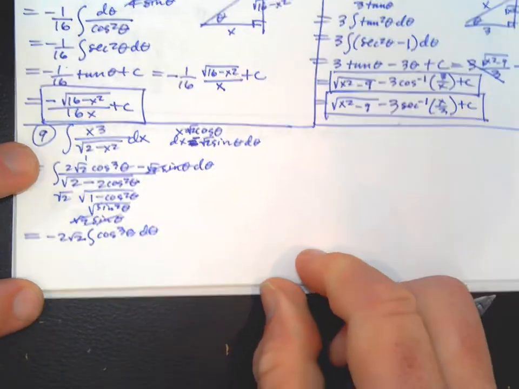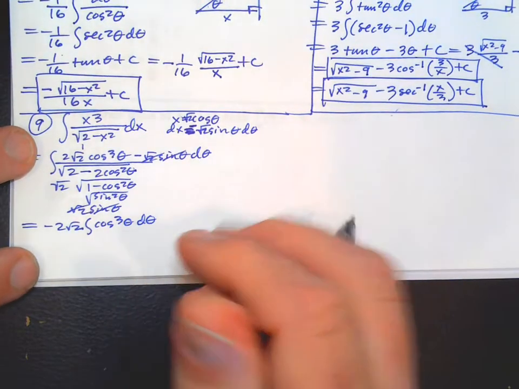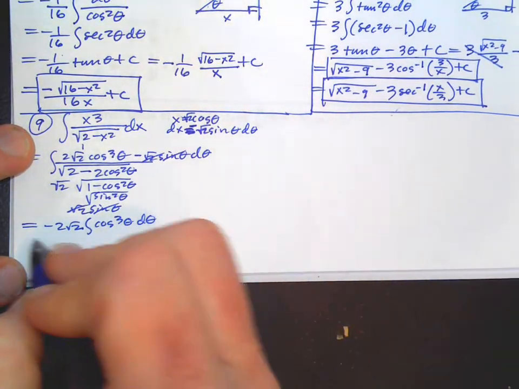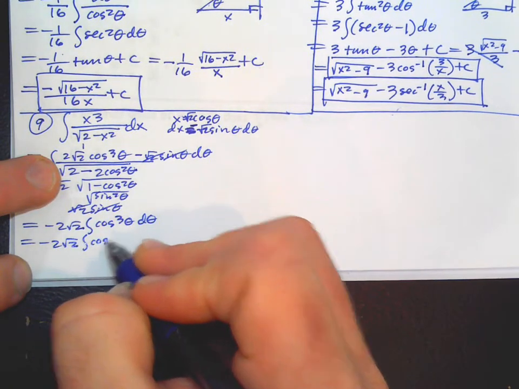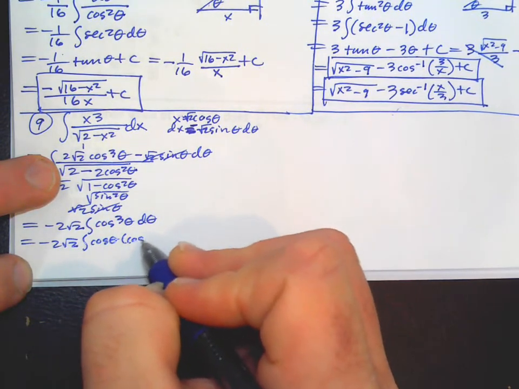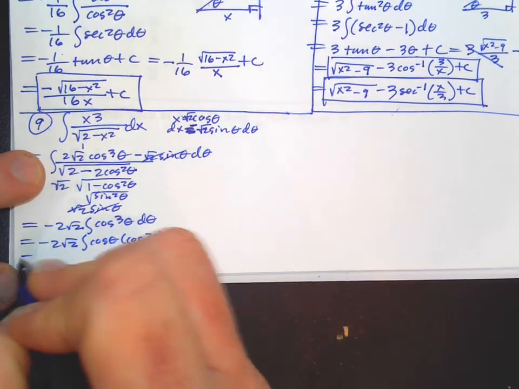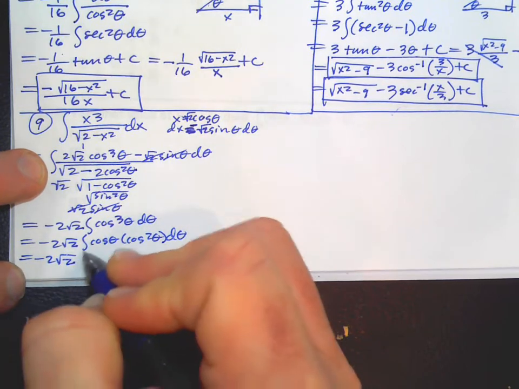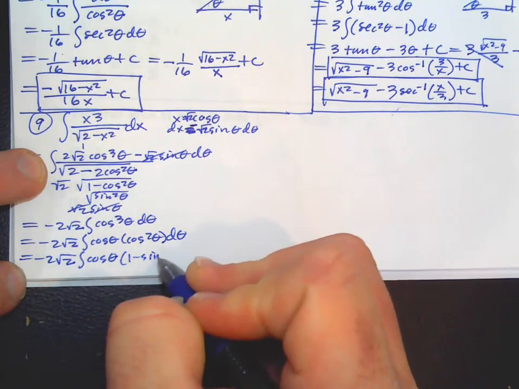Now, yesterday in the notes, I gave you a hint as to how to approach this. The way to approach this is to break this apart into cosine theta times cosine squared theta, and then use the Pythagorean identity to rewrite that as 1 minus sine squared theta.